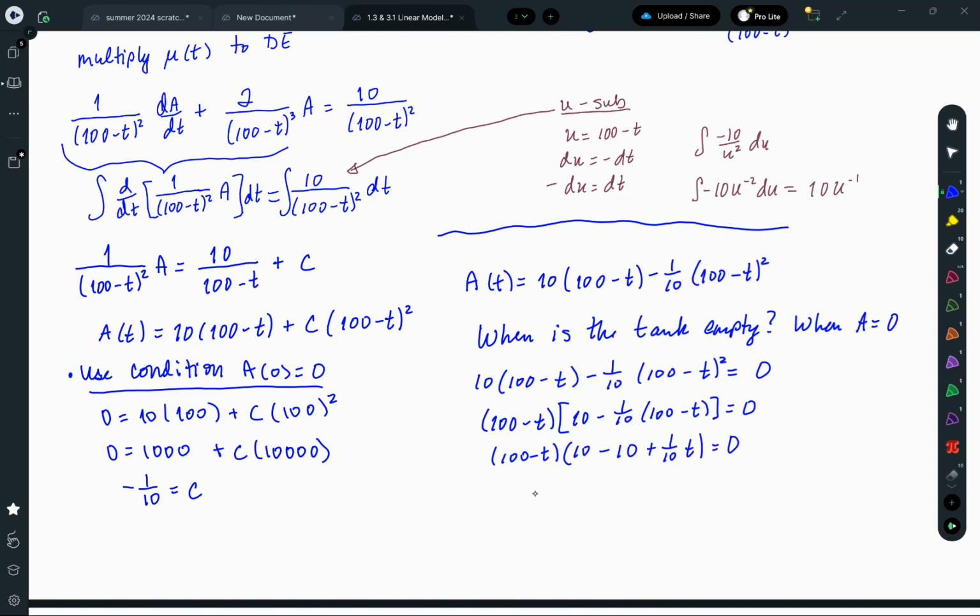And so this is telling me that 100 minus t equals 0, or 1/10 t equals 0. The 1/10 t equals 0, that's true. That's when we have 0 grams of salt. So this gives us t equals 0, and this one gives me t equals 100 minutes.